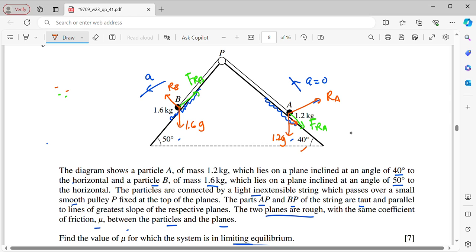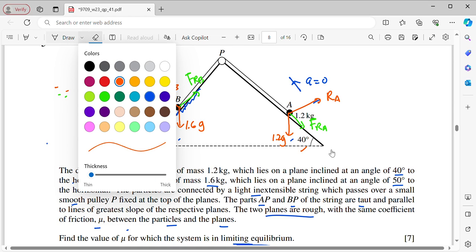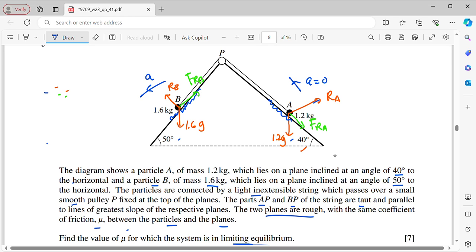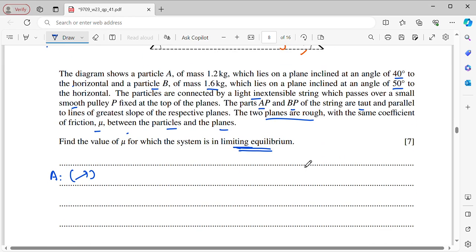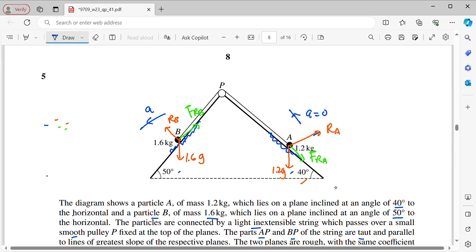Wait, sorry, I explained wrongly. I'm not resolving parallel to the plane. I'm resolving the forces perpendicular to the plane. That's why I drew this arrow. So perpendicular to the plane, I only have one force, which is the RA.